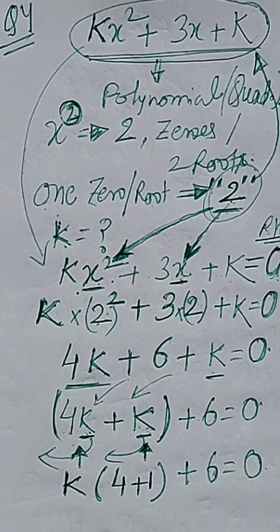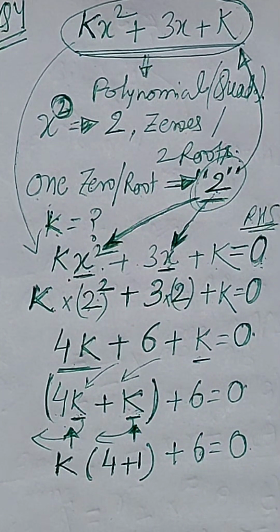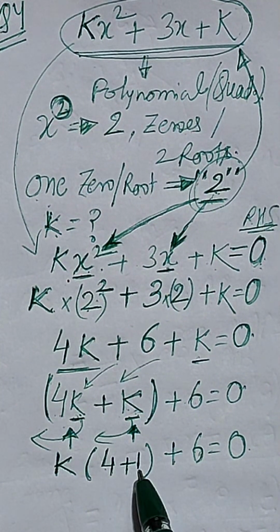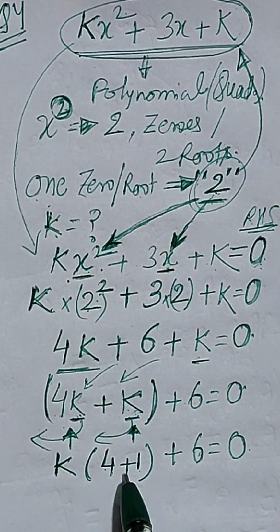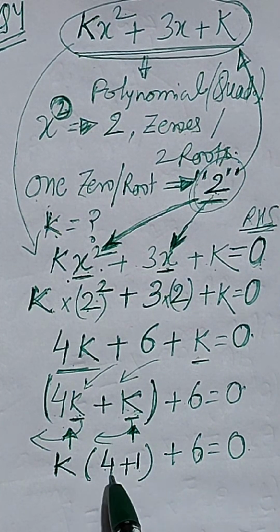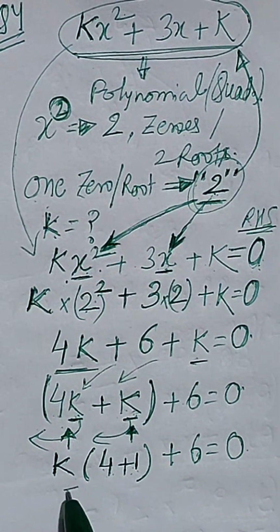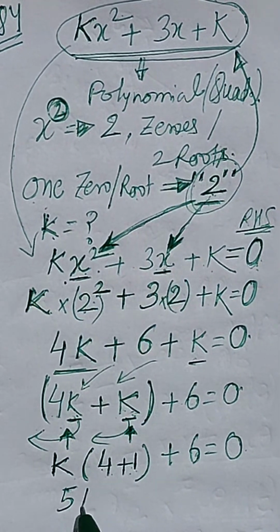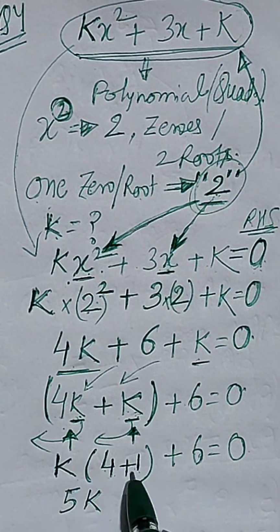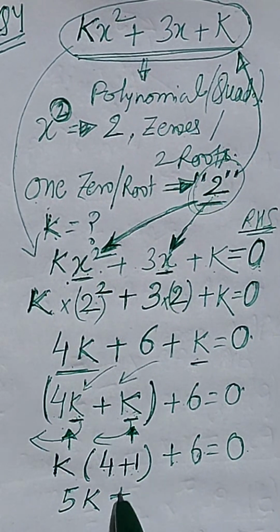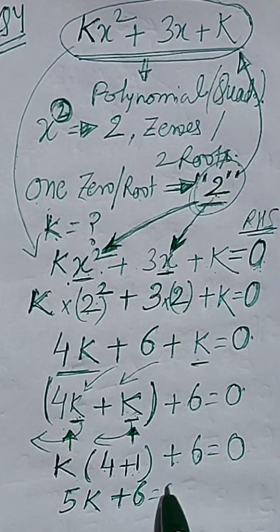The leftover is 4 plus 1 inside the bracket. So this will give you 4 plus 1, that is 5. This is very simple, right? 5k. So 5k plus 6, 5k plus the last term 6 is equal to 0.